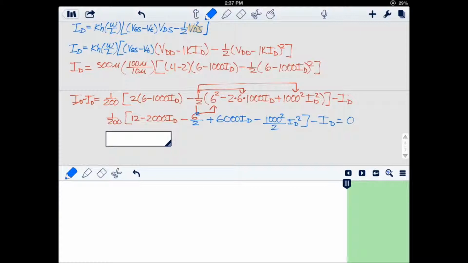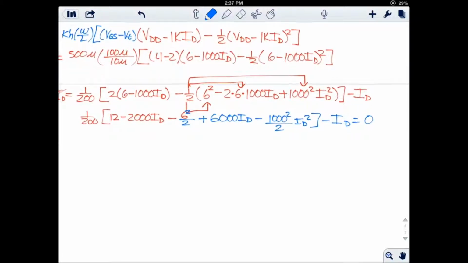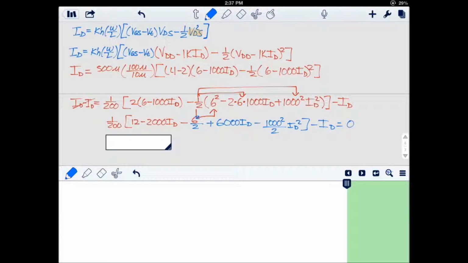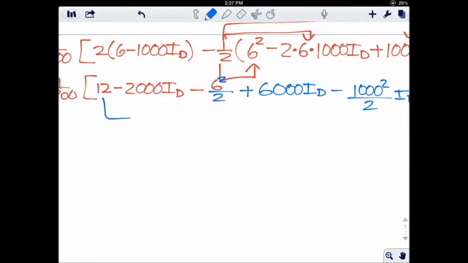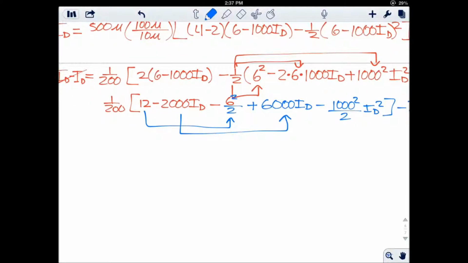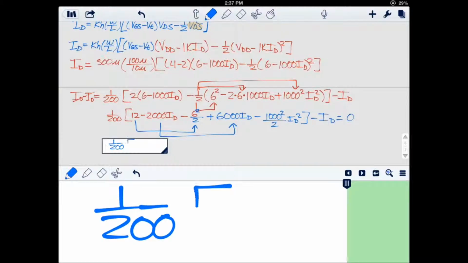Okay, so this is looking good. We could regroup this and this and this right here. We can say 12 minus 36 over 2, negative 6.